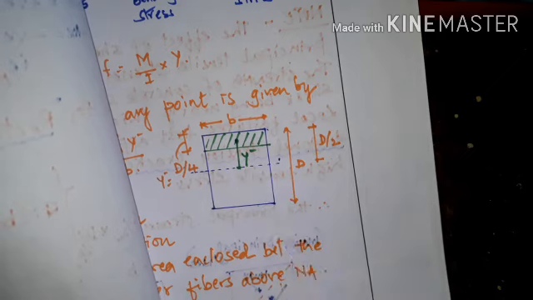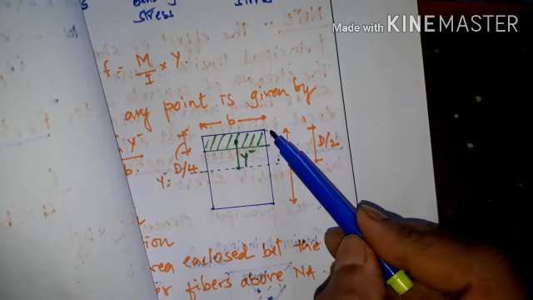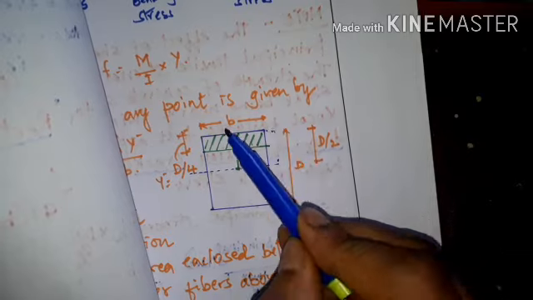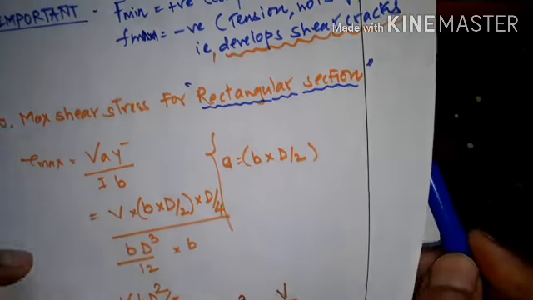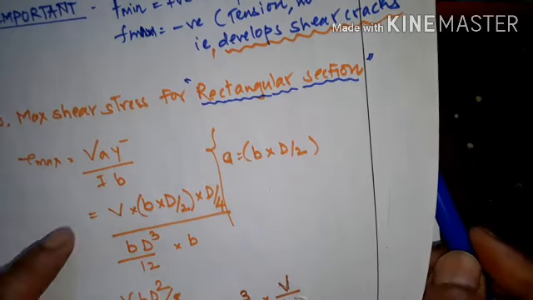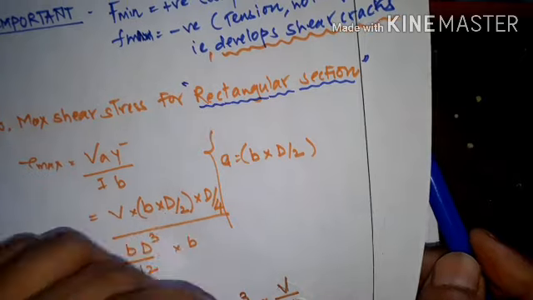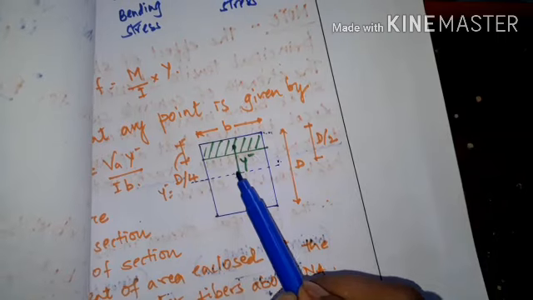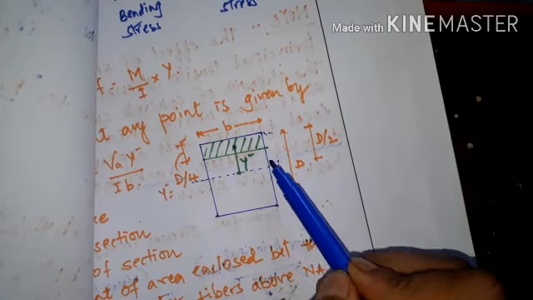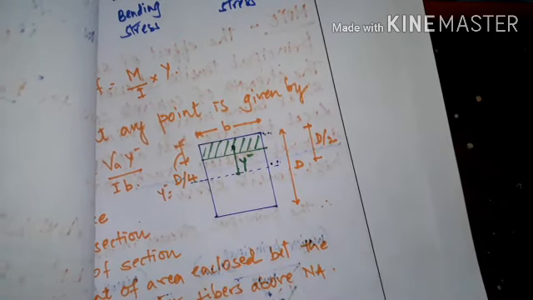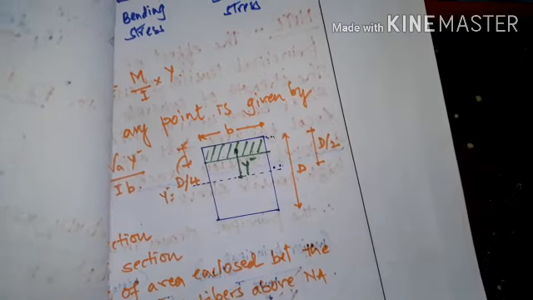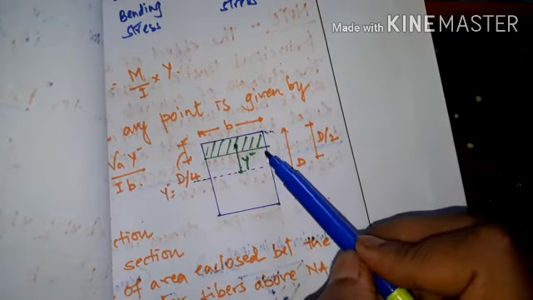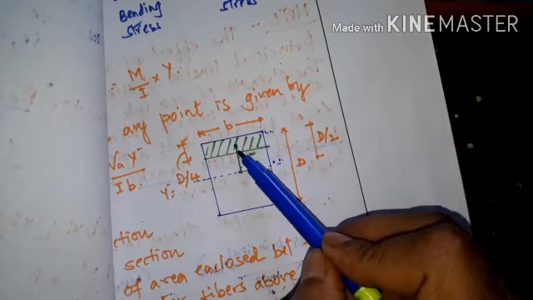Okay, so we are calculating the shear stress. So that is the area, and V into A is B into D by 2. Y bar is from the center of D by 2. If the total is D by 2, so this will be D by 4. Understood? If the total is D by 2, then its center is at D by 4.